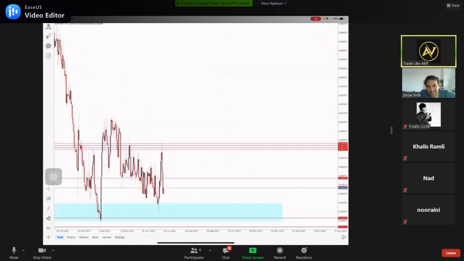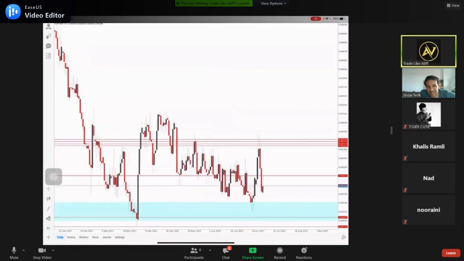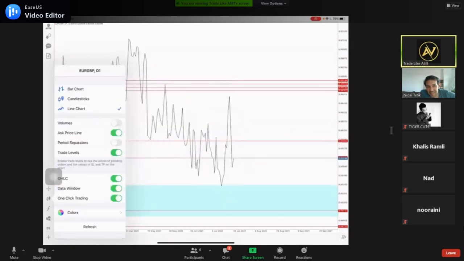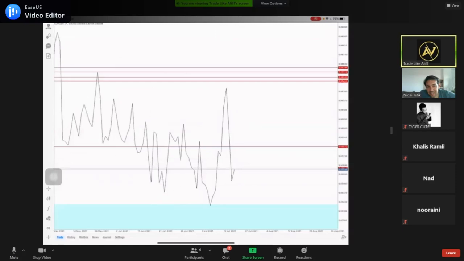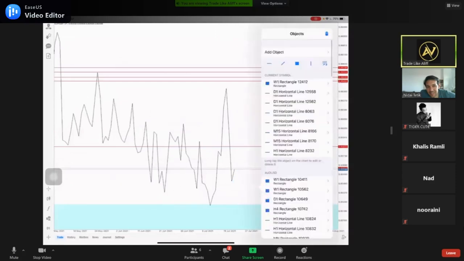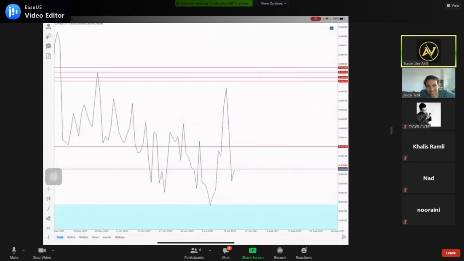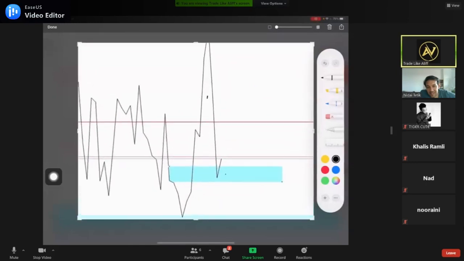So I really love trading breakouts. I don't really enjoy trading without a breakout. Understand? Why does price come here?